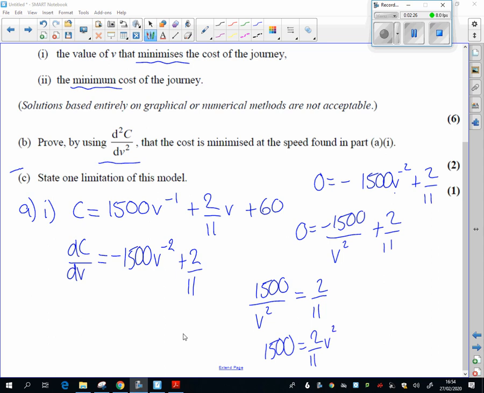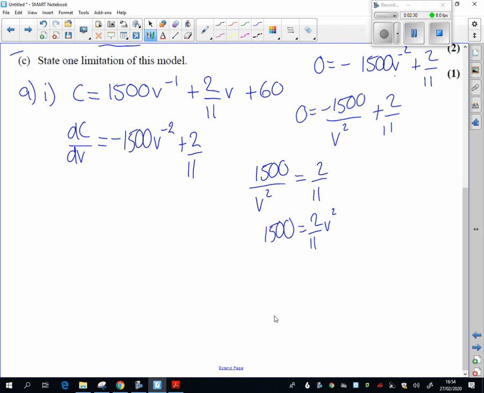And then I need to do 1,500 divided by 2 over 11, or times by 11 over 2. So that gives me v squared of 8250.